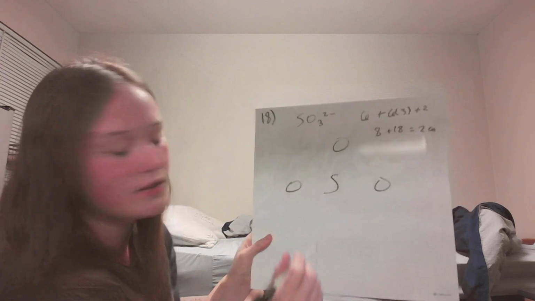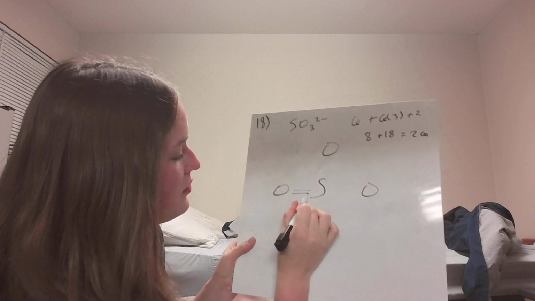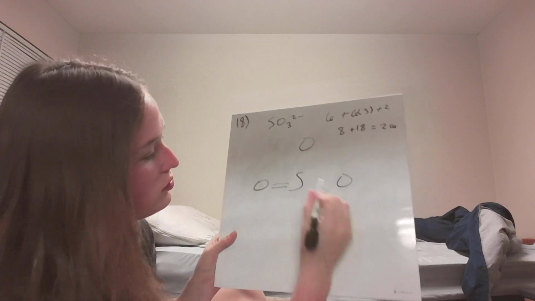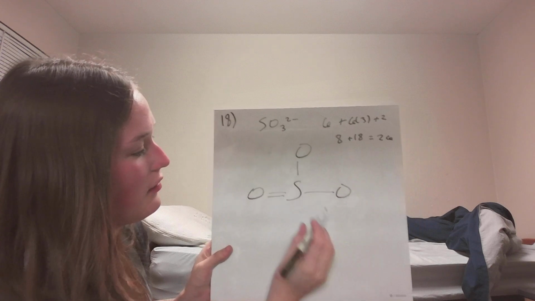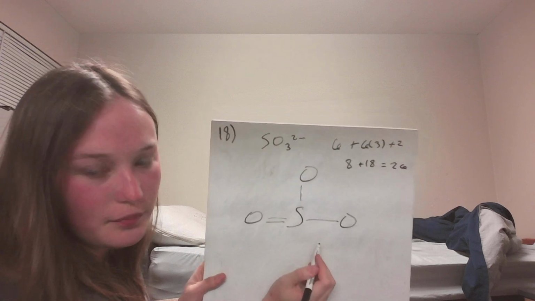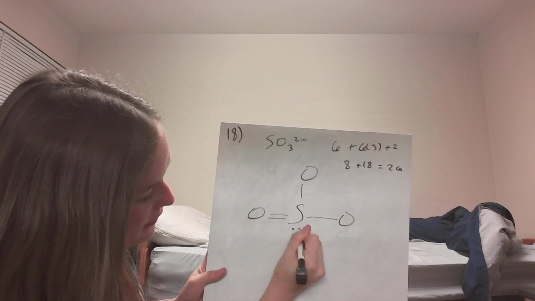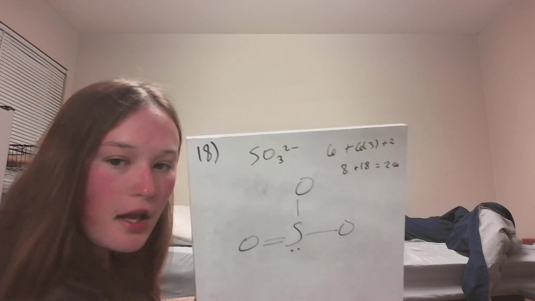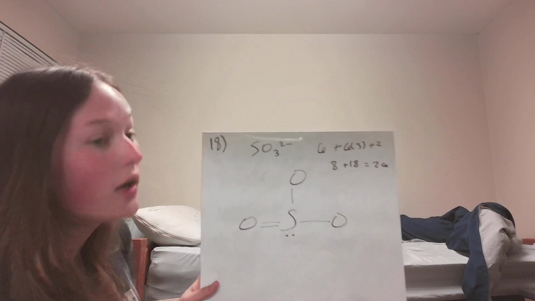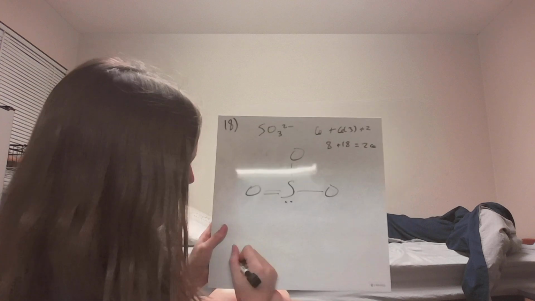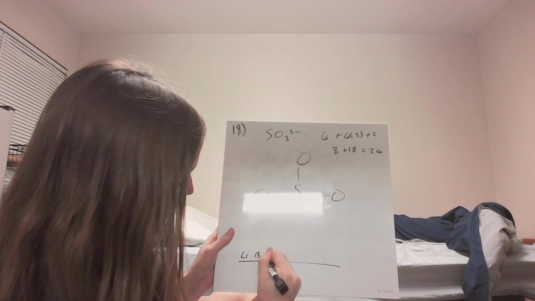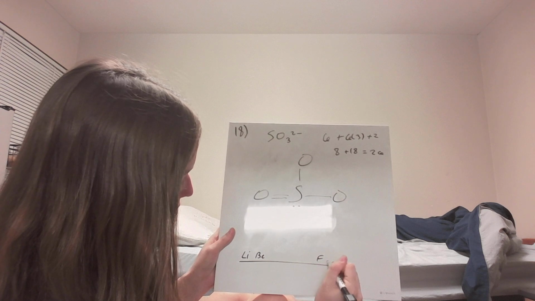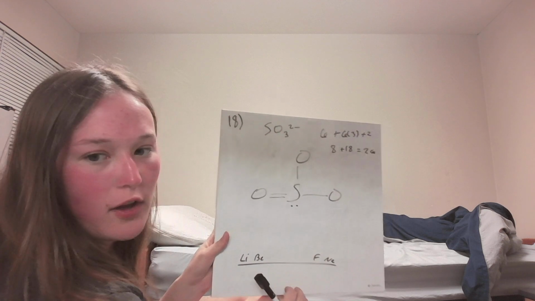Anyway, so oxygen likes to form 2. It's going to have a charge of -1. So we're going to have these two oxygens be -1. And then sulfur is going to have this. And you might be saying, hey, Haley, that's breaking the octet rule. Well, since it's below the first line, the Li, Be, F, Ne, you know the line I did earlier.